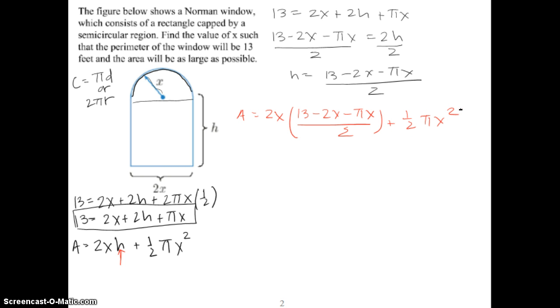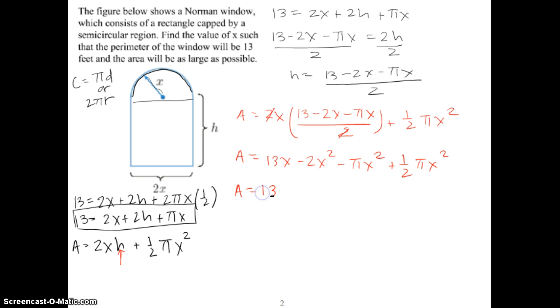So now to simplify this, do you see the 2's cancel? So we're left with a equals, if we distribute, we get 13x minus 2x squared minus pi x squared plus 1/2 pi x squared. So now if we simplify further, what have we got here?